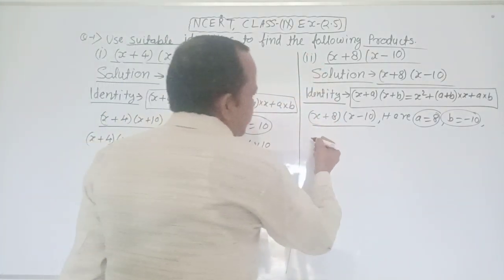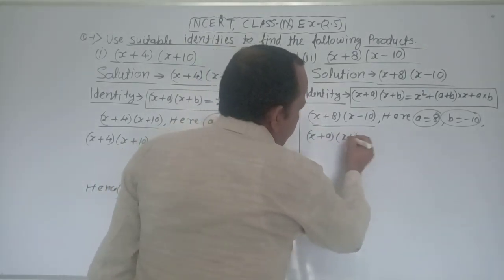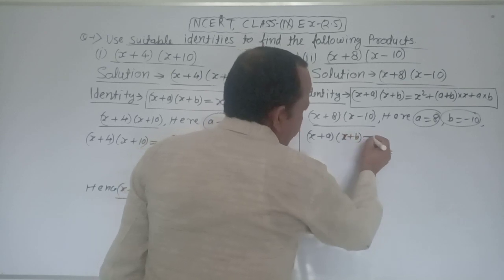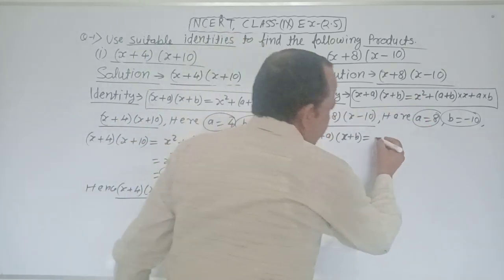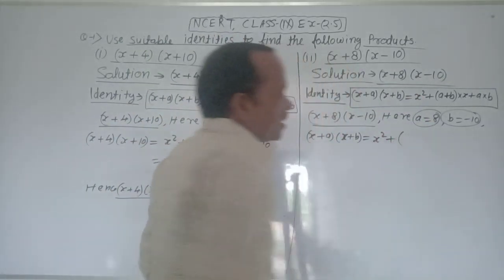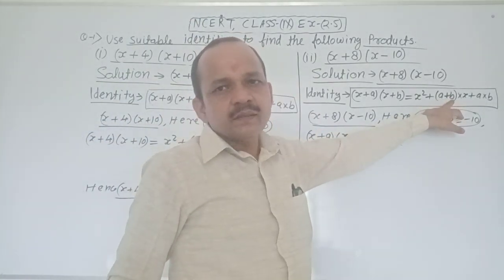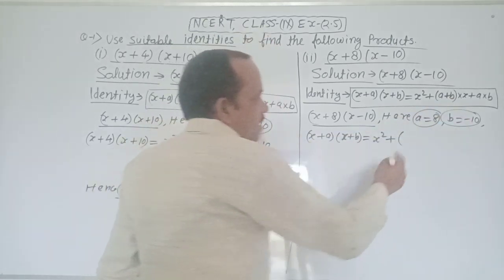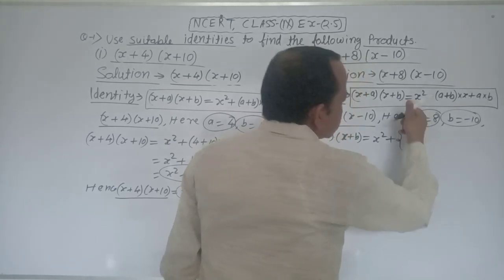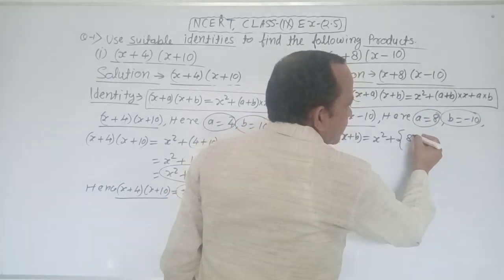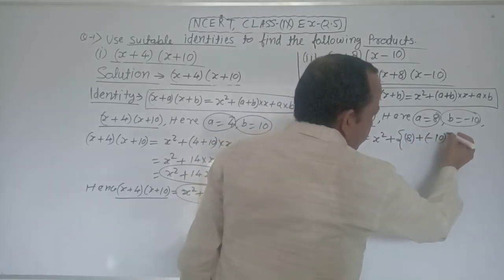Clear? Here you can write (x + a) in the first brackets, (x + b) in the second brackets equals, according to the identity, x² + (a + b)x. Is it clear? a means 8, plus b means minus 10.